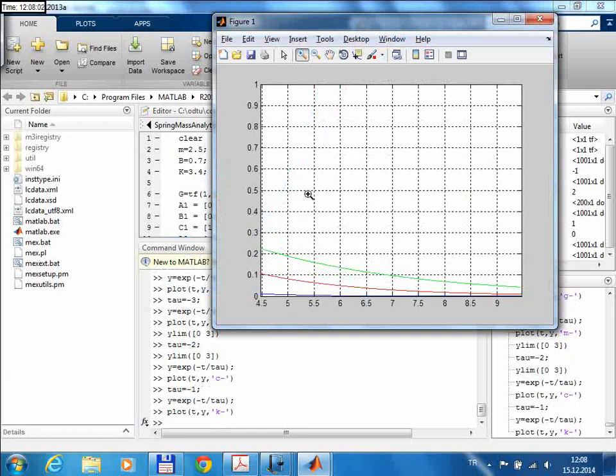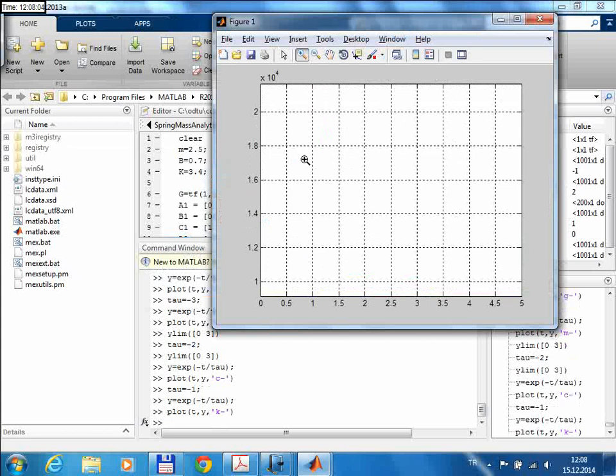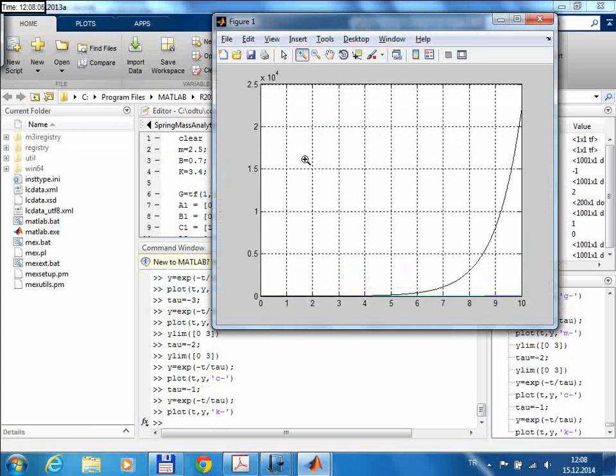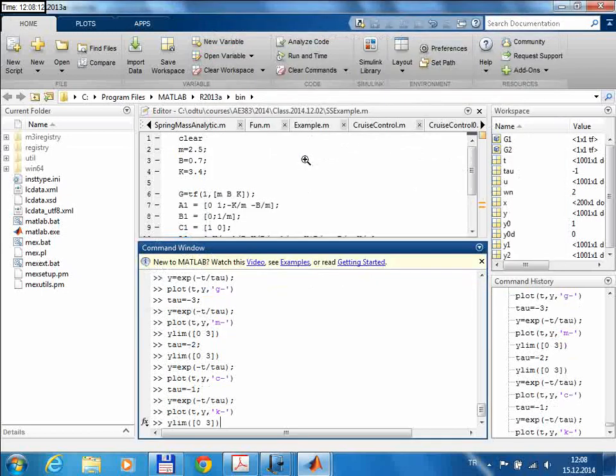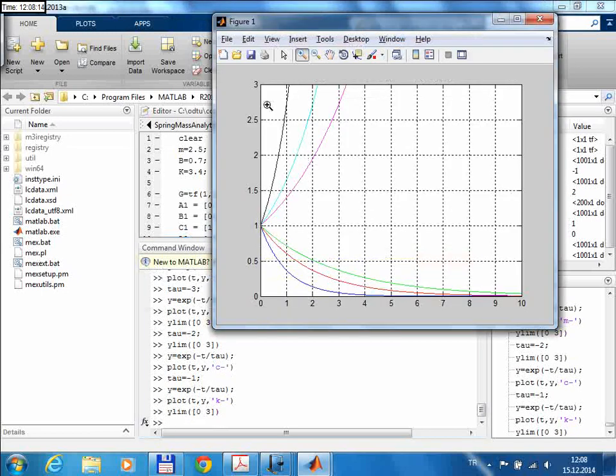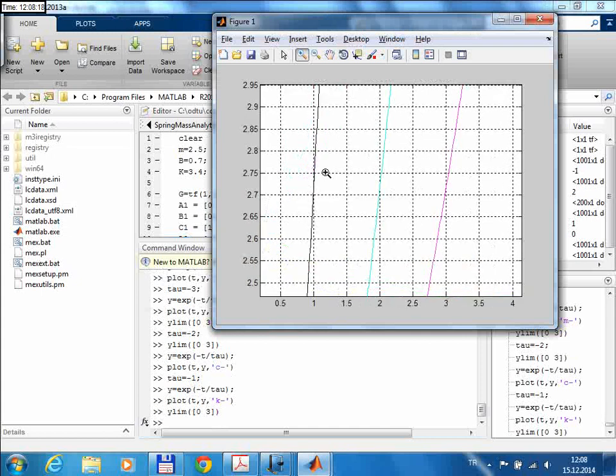So 2.7 is the level we expect the output to reach after one time constant. And this is really what we expected. If tau is minus 3, then at t equal to 3 the output reaches 2.7.